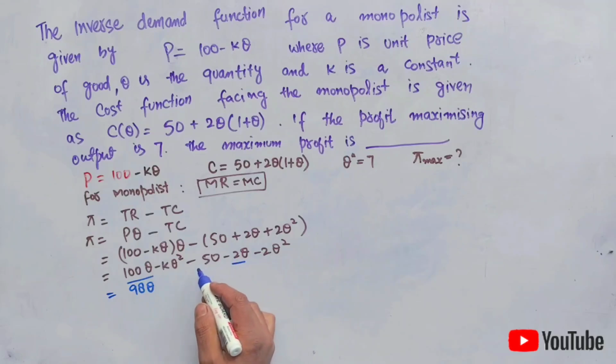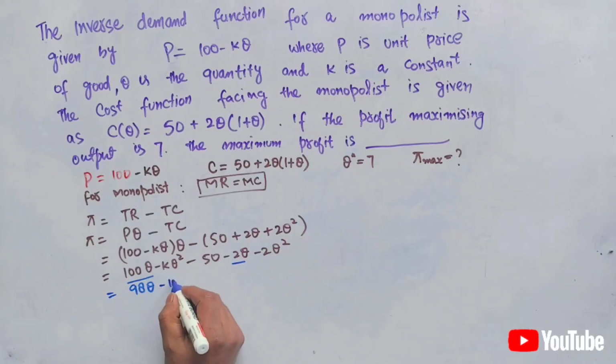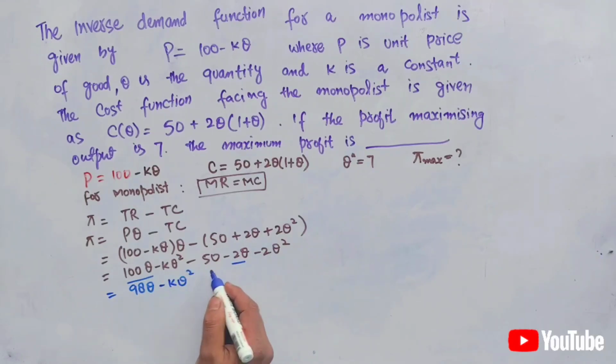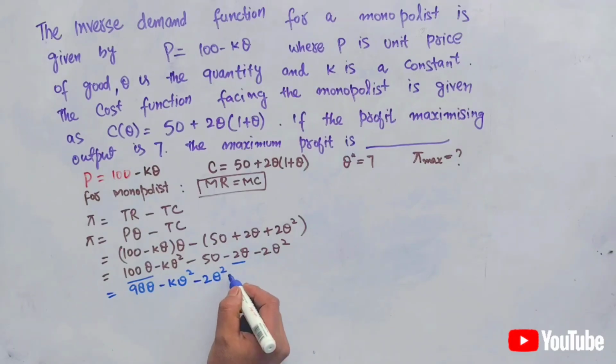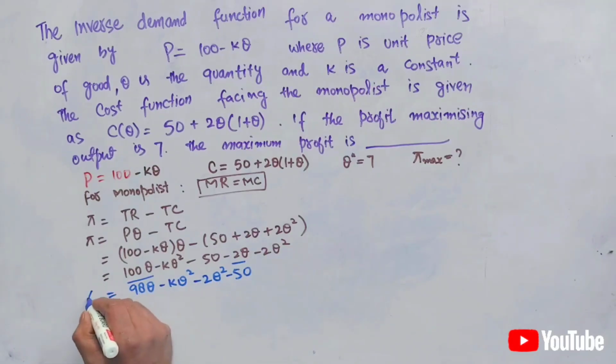Then we have minus KQ square, minus 2Q square, minus 50. This is our profit function.